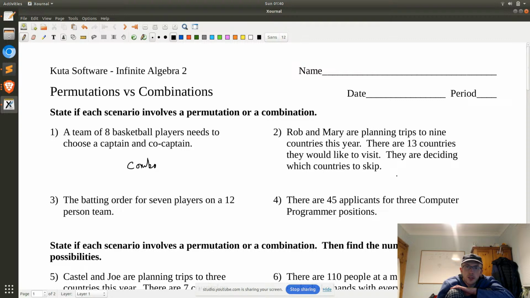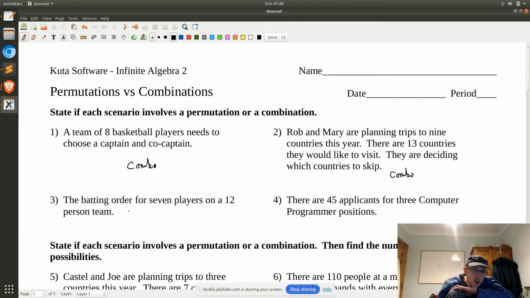Rob and Mary are planning trips to 9 countries this year. There are 13 countries they would like to visit. They are deciding which countries to skip. Combination.